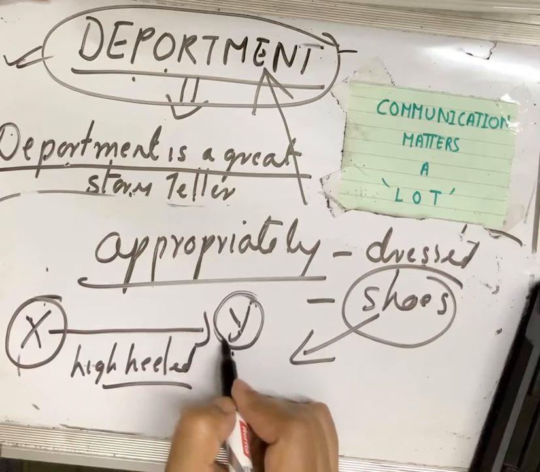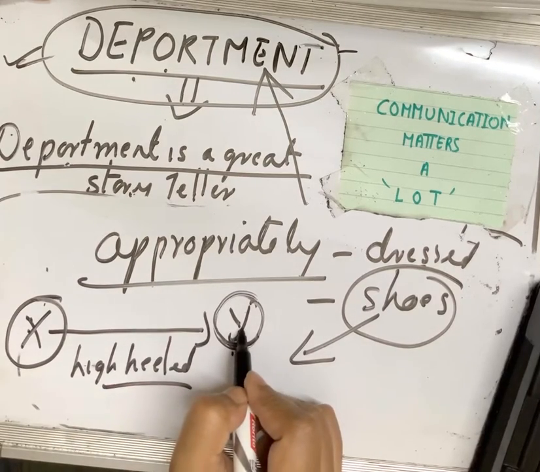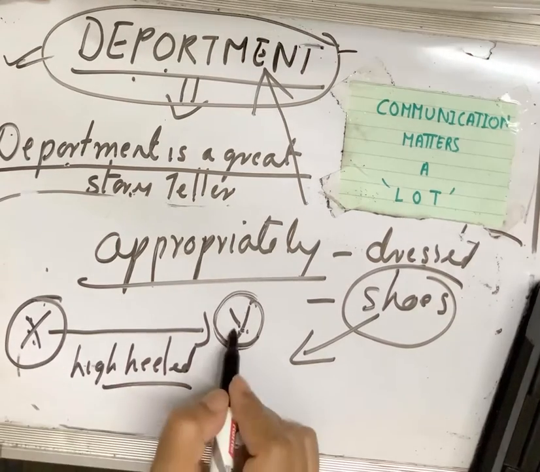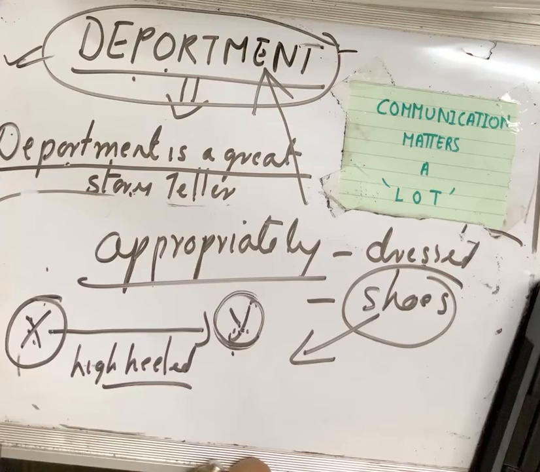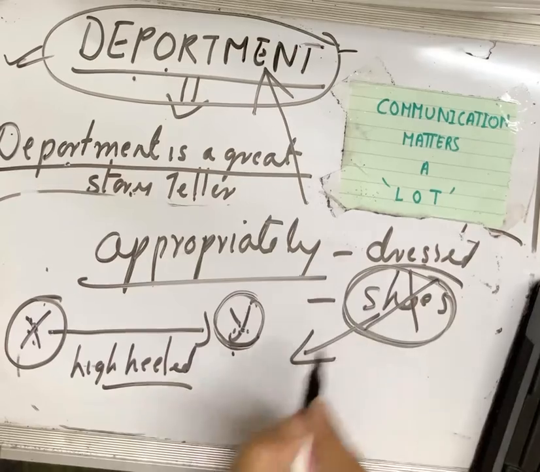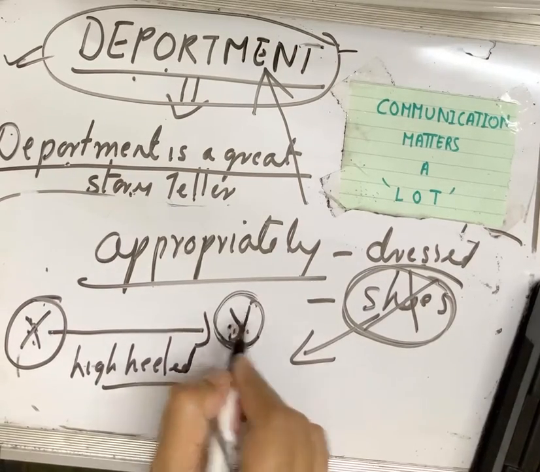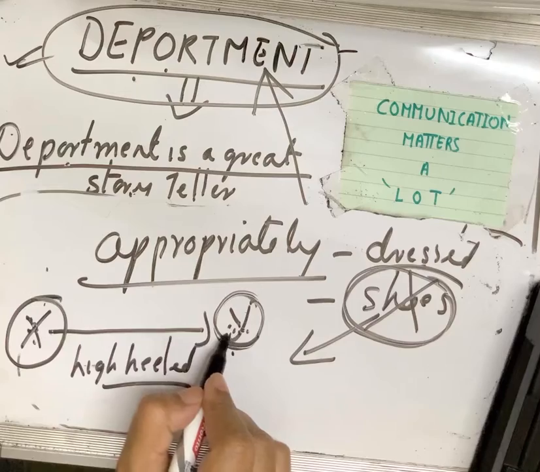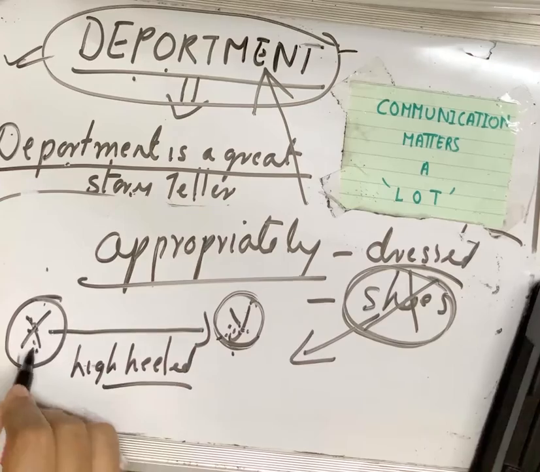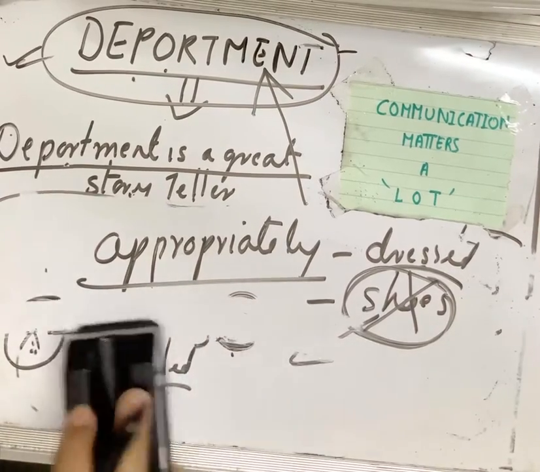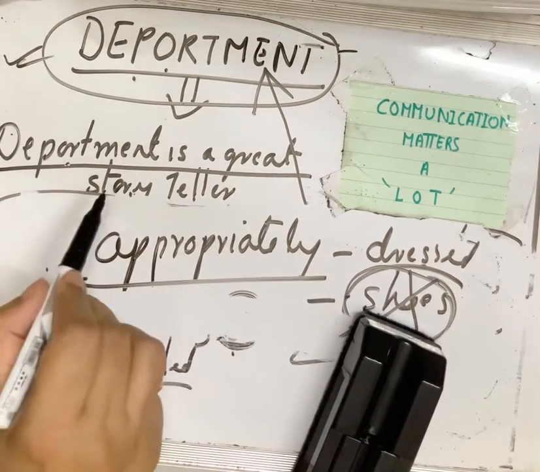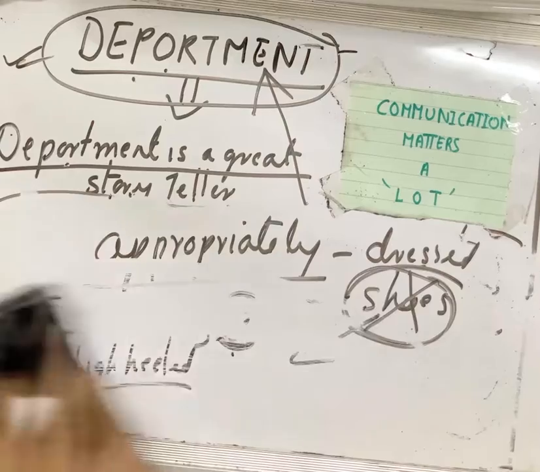The principal thought this girl was insulting her because she was short and this girl was looking excessively tall. She did not like it, and naturally the job was not given to her. It was the shoes which made the receiver believe that X was not a good person, was rude and uncaring, so she would not make a good teacher. And maybe X did not even realize. So unknowingly, her shoes told a story to Y about X.